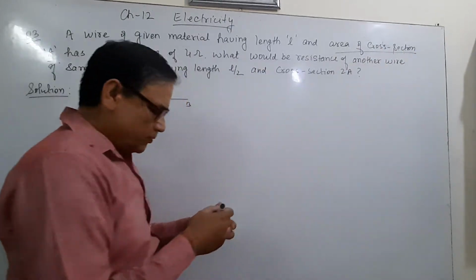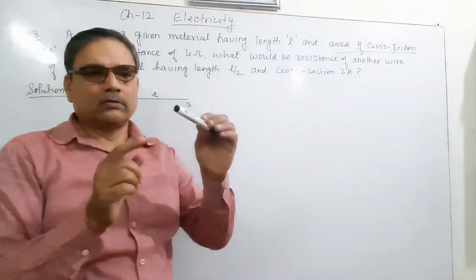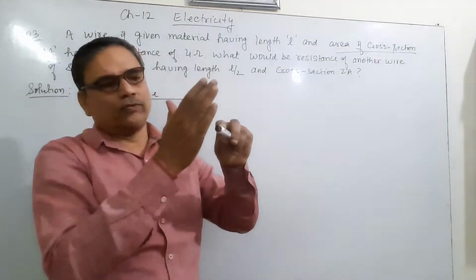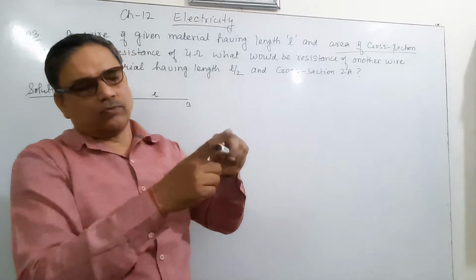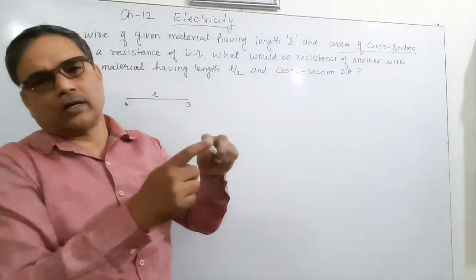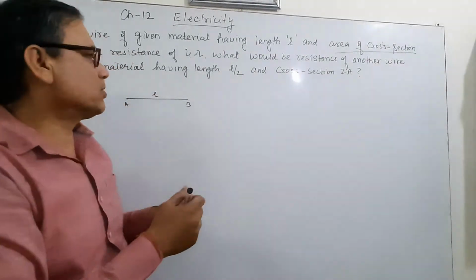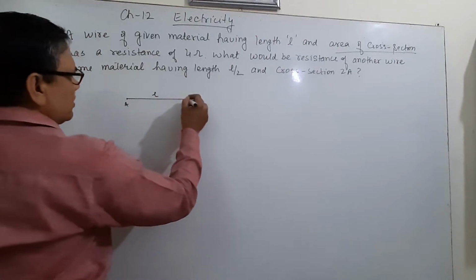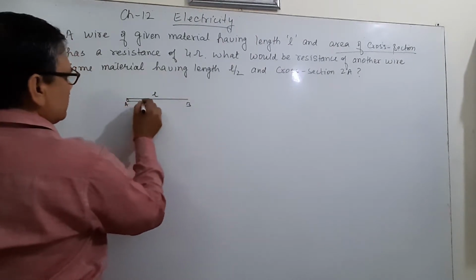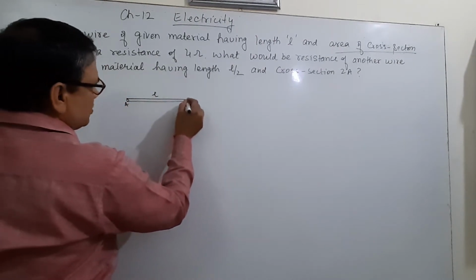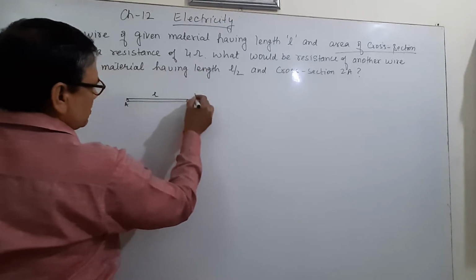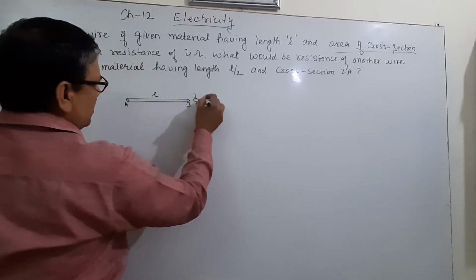If this is a wire and we cut from here, then what is visible after cutting is this circle. This is the cross section, it means it has area A.